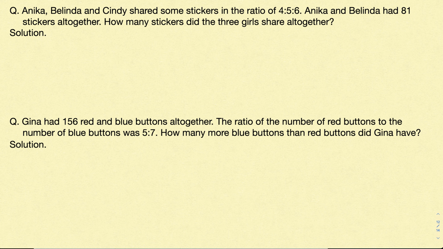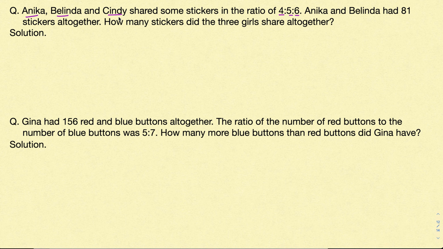So what we have here is three girls, Annika, Belinda and Cindy. And what is the ratio of the stickers they are having? It's 4:5:6. Something to notice here is that the order of the ratio is the same as the order in which the names are appearing.